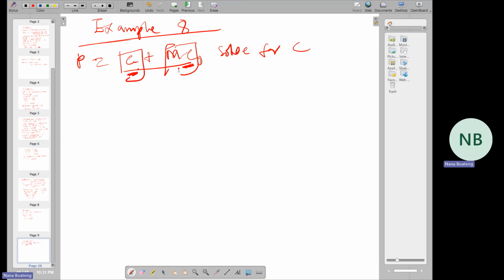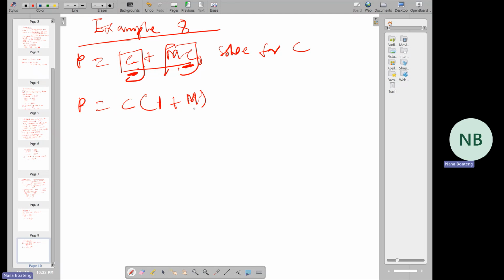So since we want the C by itself, the first thing is we have to factor out C. So P is equal to C in parentheses: if we factor C out of C, we have a remainder of 1 here, plus if we factor C out of MC, we have a remainder of M here.